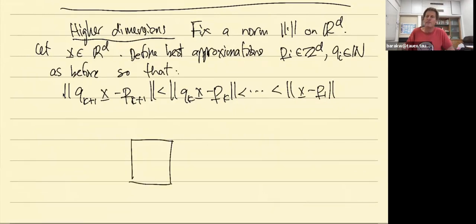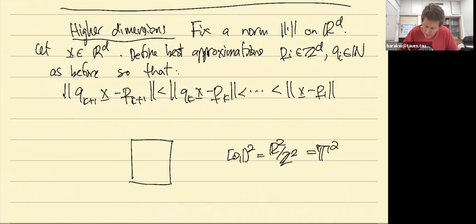The norm defines the quotient: this picture we think of as the quotient R^2 over Z^2, the 2-dimensional torus. Using the norm, I can define a metric on this torus.